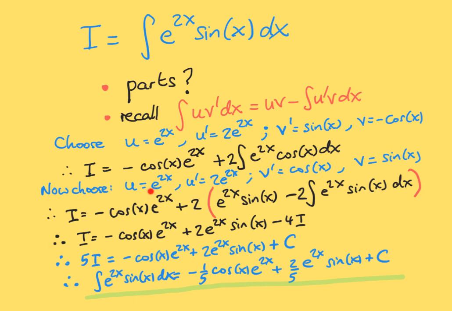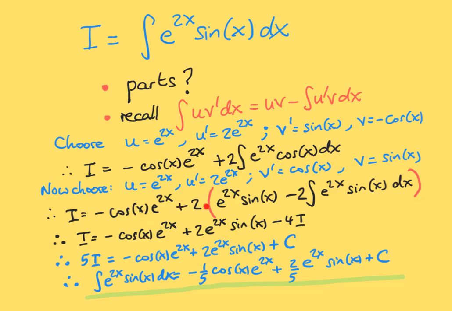So u times v is e to the 2x times sine of x, that's here. And then we have minus the integral of u prime, which is 2e to the 2x, and I'll take the 2 outside of the integral. That's another 2, it's not the same one as here, it's from this bit, times e to the 2x, and then we have v, and v is just sine of x, and then we close our brackets.